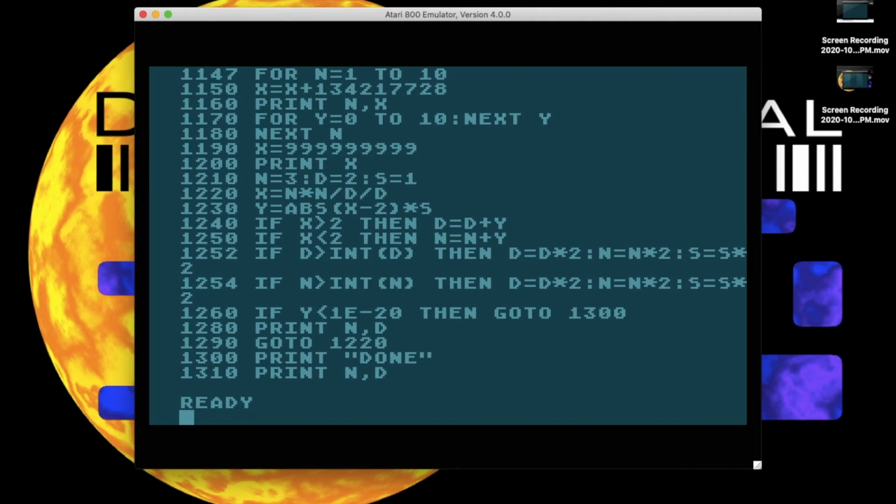Actually, we're going to have to test those numerator and denominator, see if they've exceeded our integer limit.